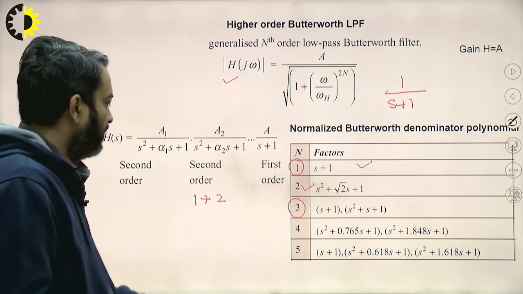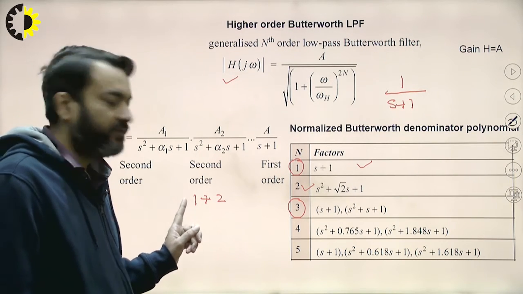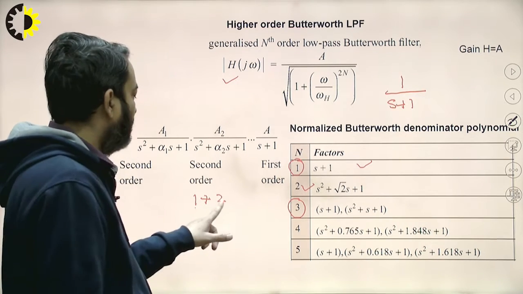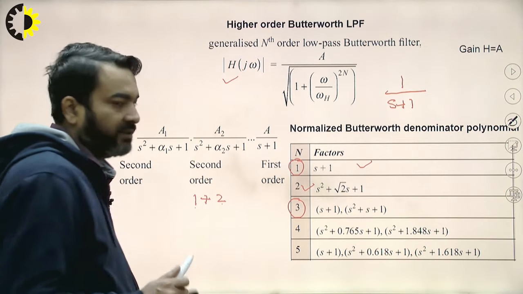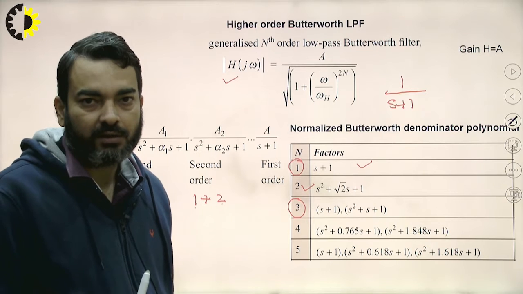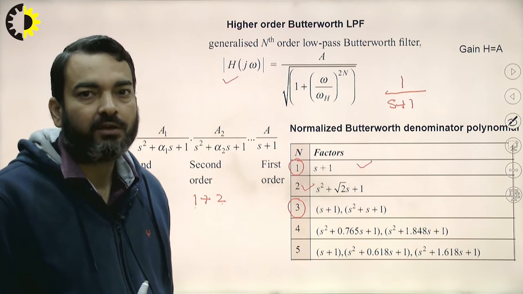Here we will have to cascade one first order low pass filter and one second order low pass filter. So by cascading two filters, one of first order and the other of second order, we can realize the third order Butterworth.